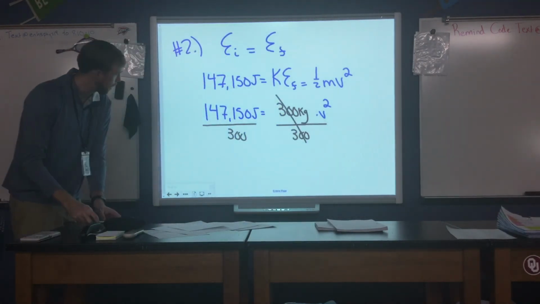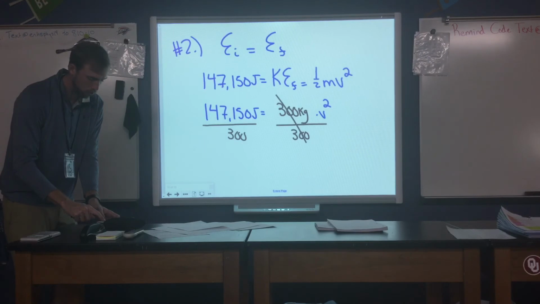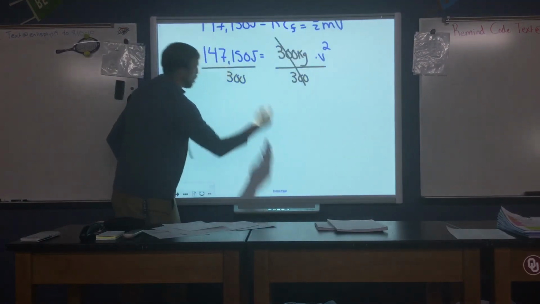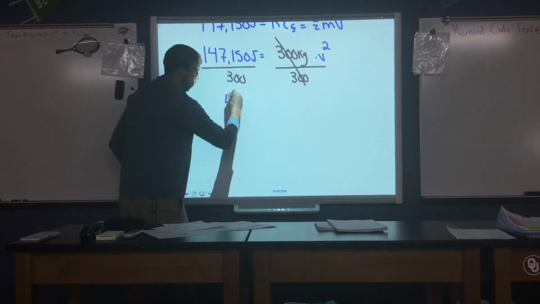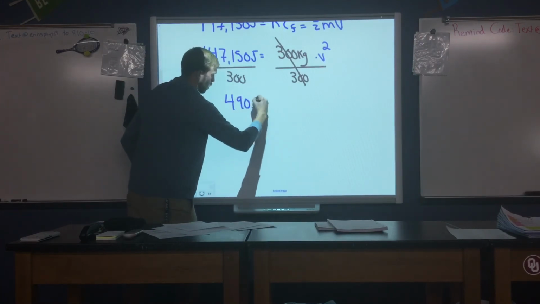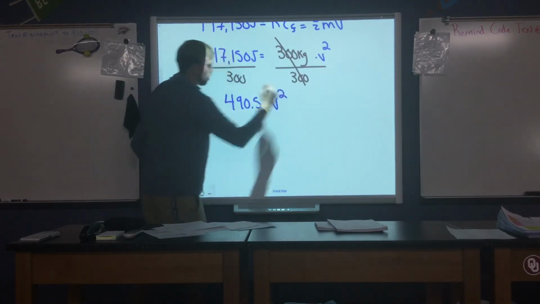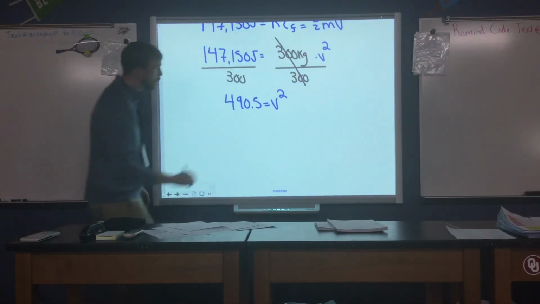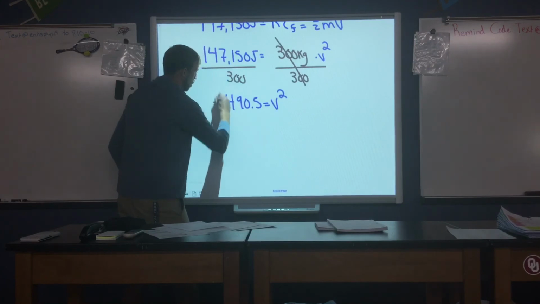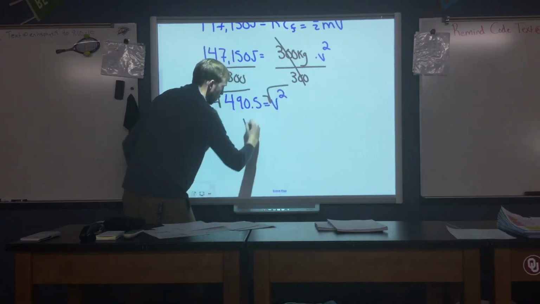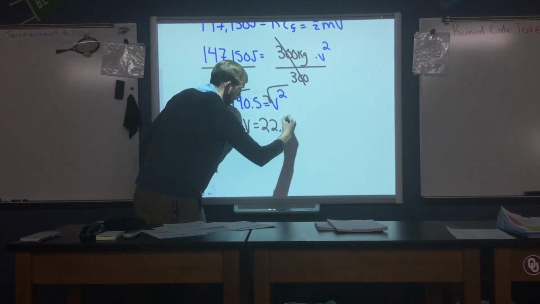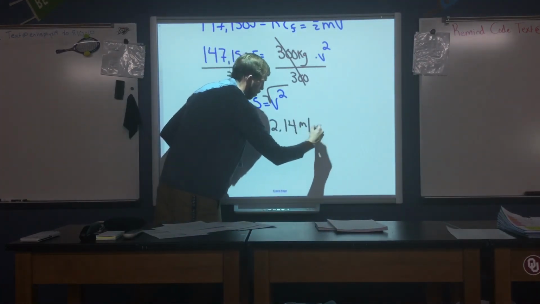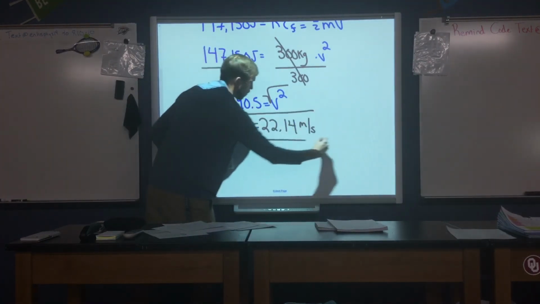So I would get 147,150 divided by 300, a value of about 490.5, which is equal to v squared. And then I would take the square root of that value to get about 22.14 meters per second. So that would be somewhere in the neighborhood of about 55-ish miles an hour for our velocity.